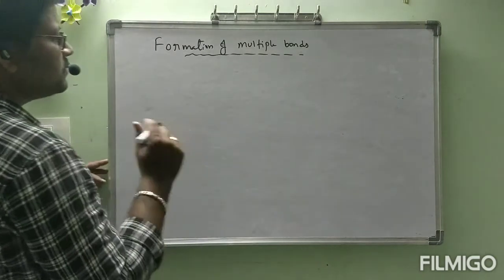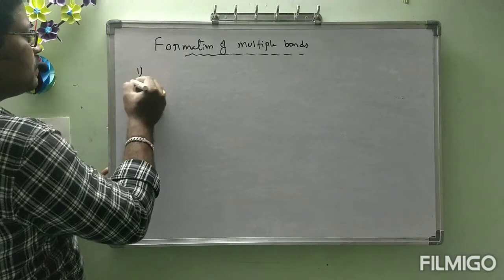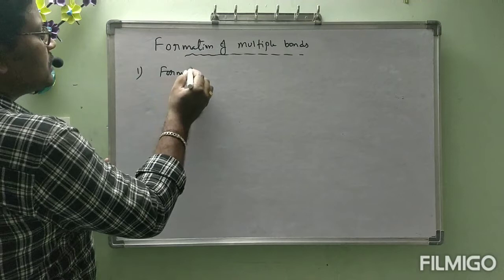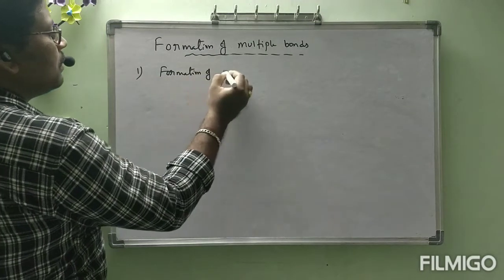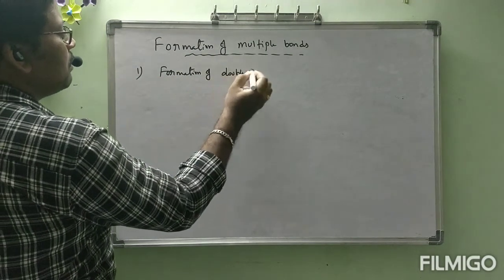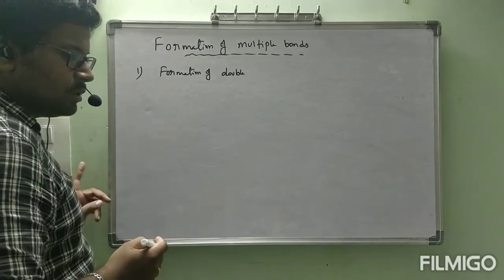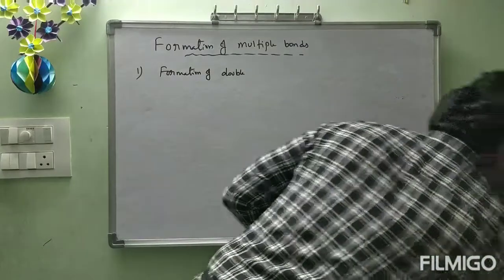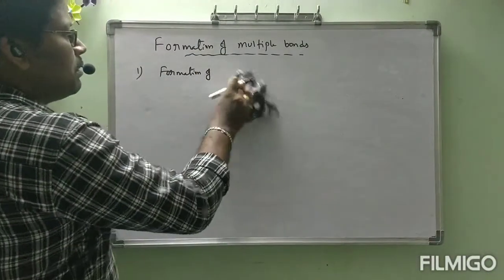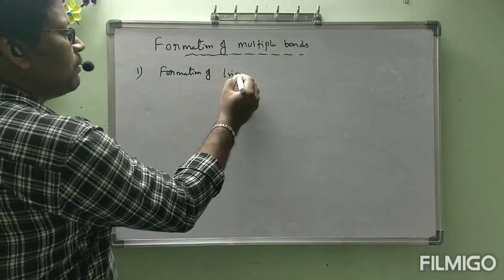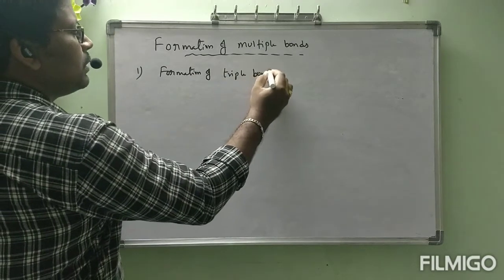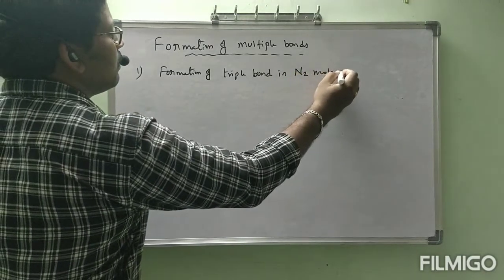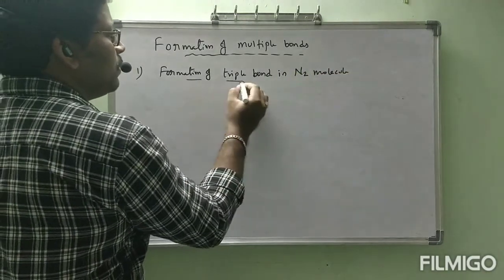Under this formation of multiple bonds, the first molecule is the formation of triple bond in the N2 molecule.